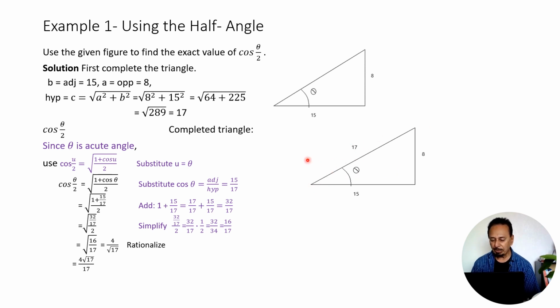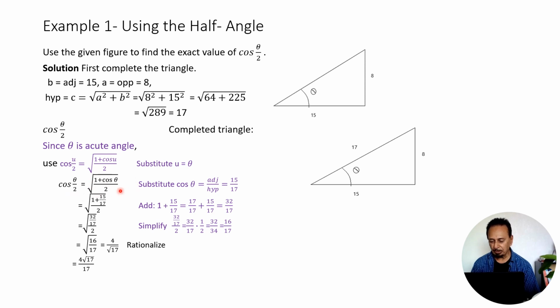And now we can find cosine theta over 2, and the formula for cosine u over 2 is the square root of (1 plus cosine u) over 2. Now we substitute u is equal to theta. So it becomes cosine theta over 2 equals the square root of (1 plus cosine theta) over 2.